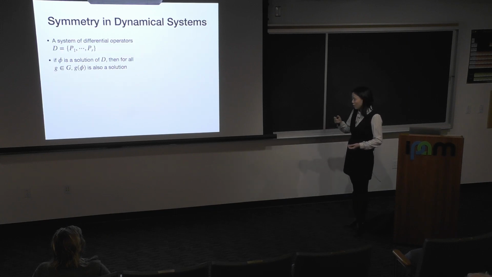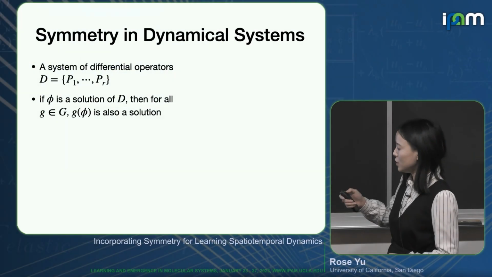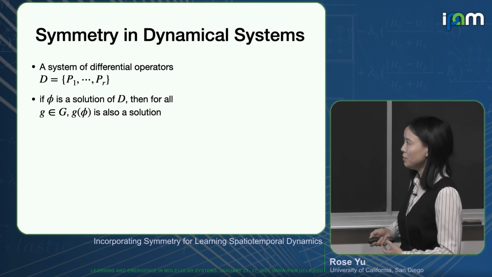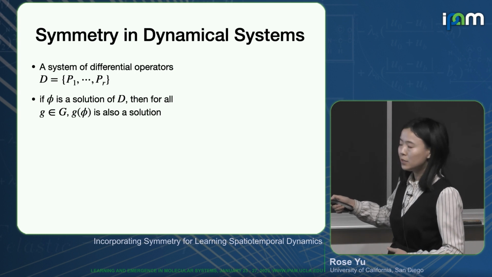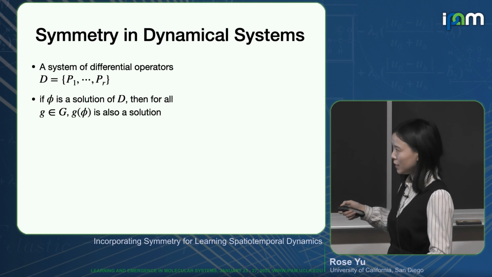Let's look at the symmetries in dynamics. How is it different from typical data, let's say image data or text data? First we need to define what we mean by symmetries in dynamical systems. We know dynamical systems can always be described by a set of differential operators, say first order, second order derivatives.